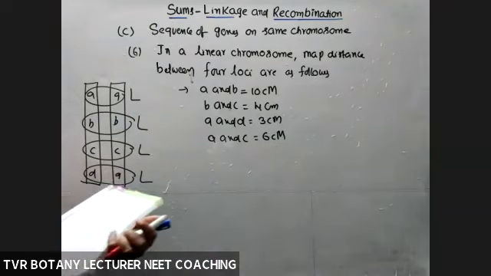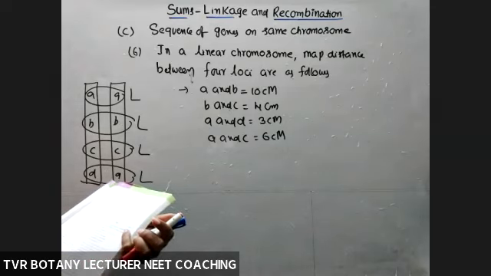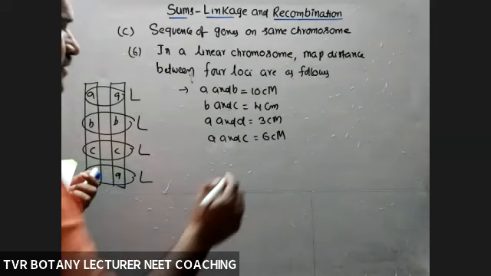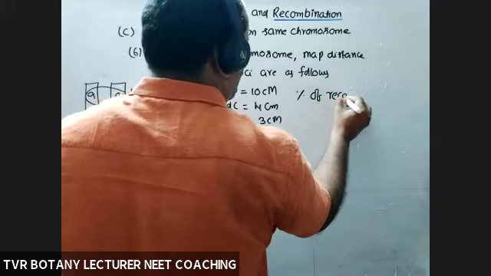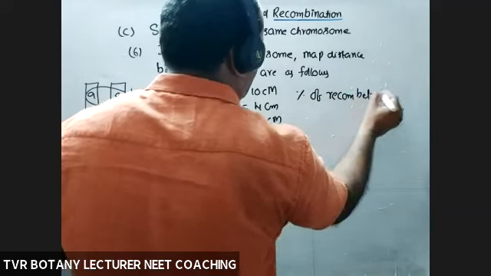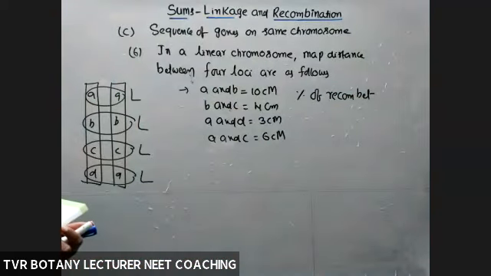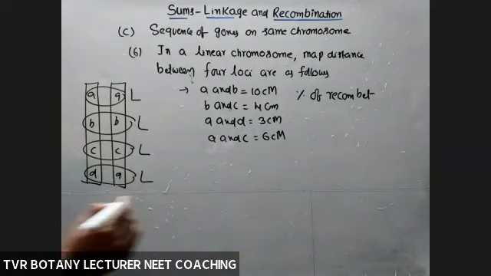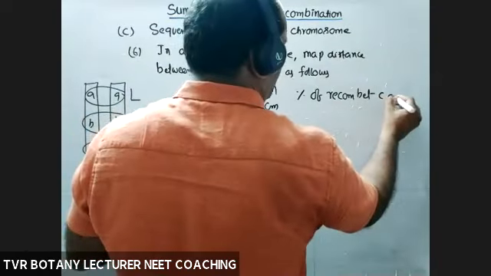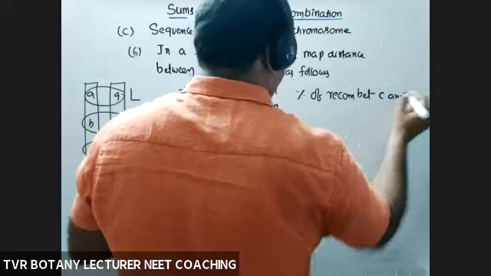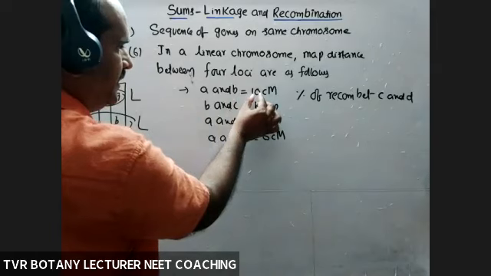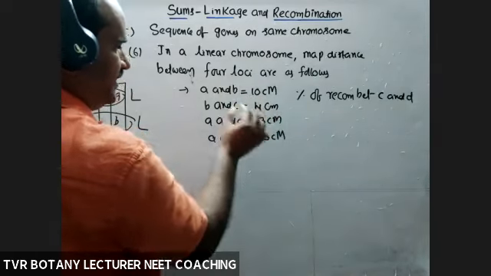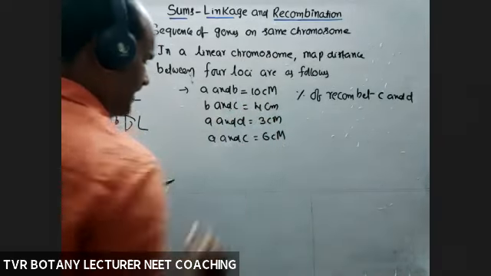The question is frequency of recombination, meaning percentage of recombination. Percentage of recombination between C and D. Okay, so 10 centimorgan means 10%, 4%, 3%, 6% actually.